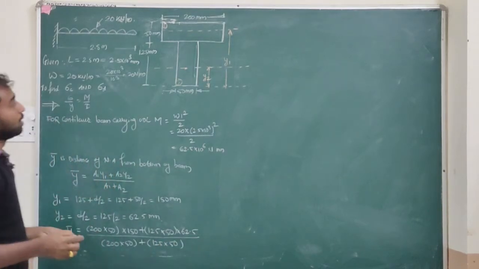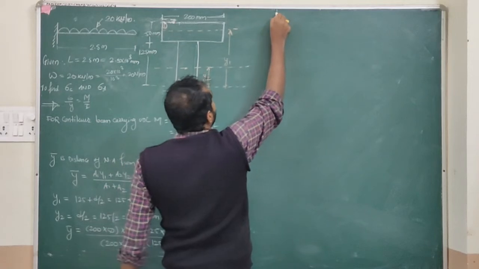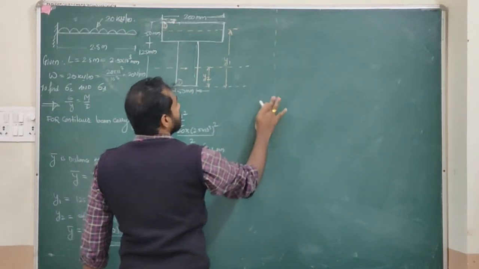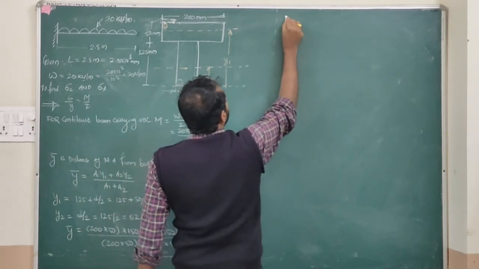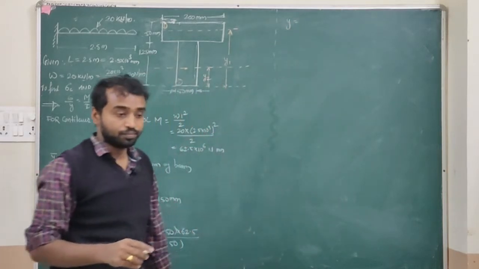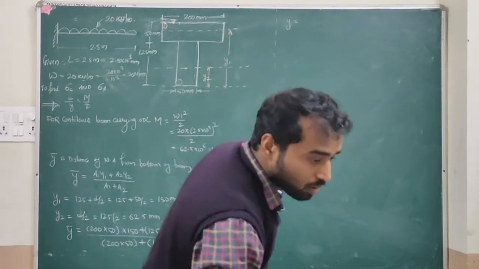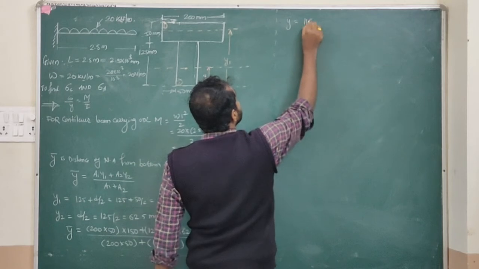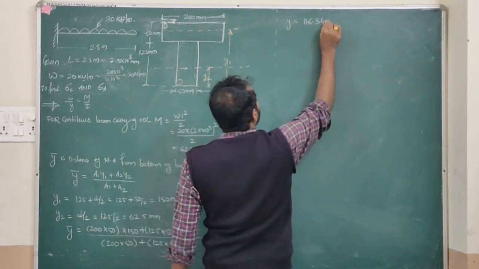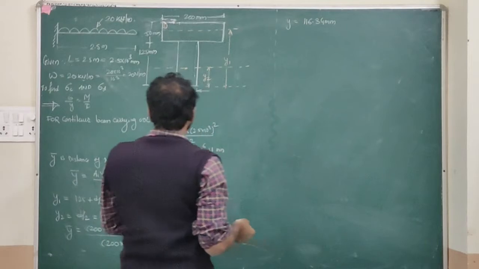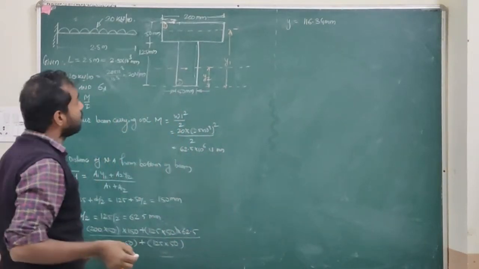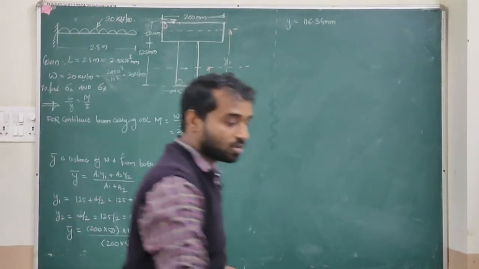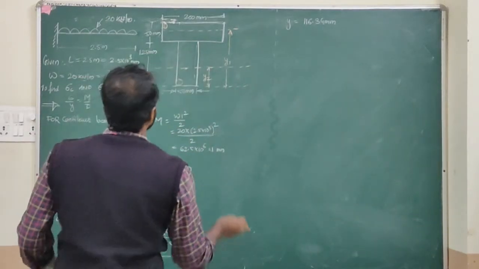If you solve it, you will get the value of y bar equal to 116.34 mm. Okay, so it means that our neutral axis will lie at a distance of 116.34 mm from the bottom.